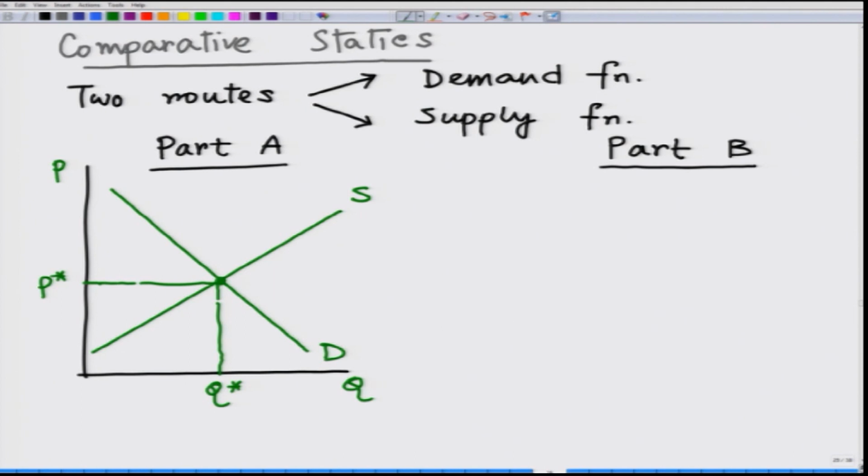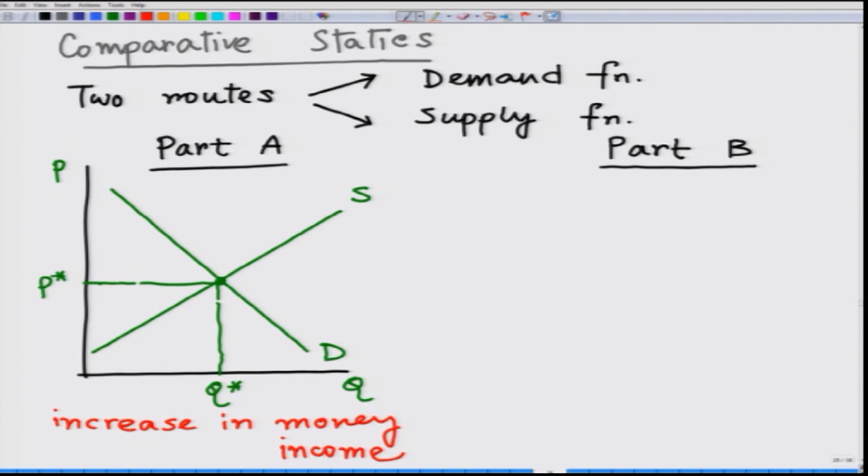Now, let us assume that there is an increase in money income. So, the consumer all of a sudden finds some extra bit of money in his wallet. If that happens, we assume nothing else changes: the prices and the tastes and preferences of the consumer, everything remains the same.